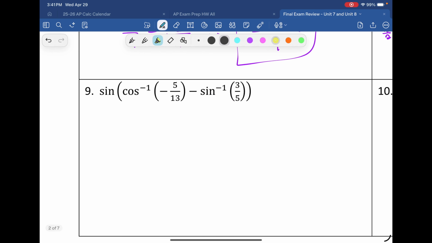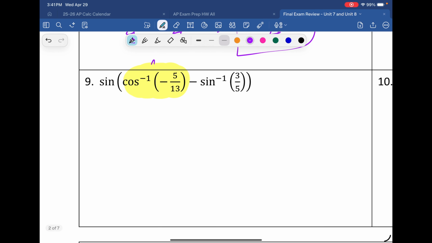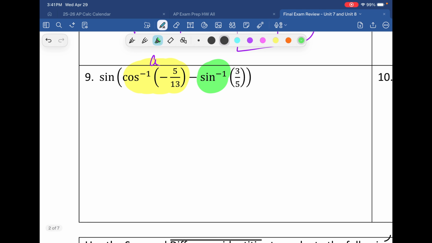All right, I have the sine of the inverse cosine of something minus the inverse sine of something. All of this is an angle measure. When you're taking the inverse of something, it's an angle. So this is an alpha. All of this, because I'm taking the inverse sine of something, is an angle.